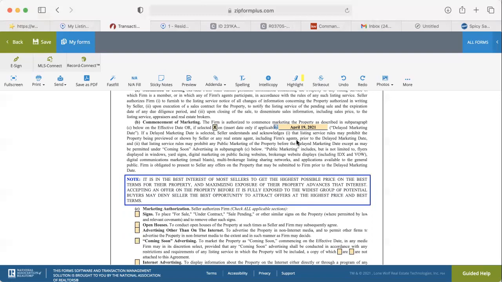A delayed marketing listing can only be seen by you and the staff. So you don't have to worry about other agents seeing that it's coming on the market because you're delaying that marketing. A coming soon listing is also entered into the MLS within 3 business days, but agents can see it.